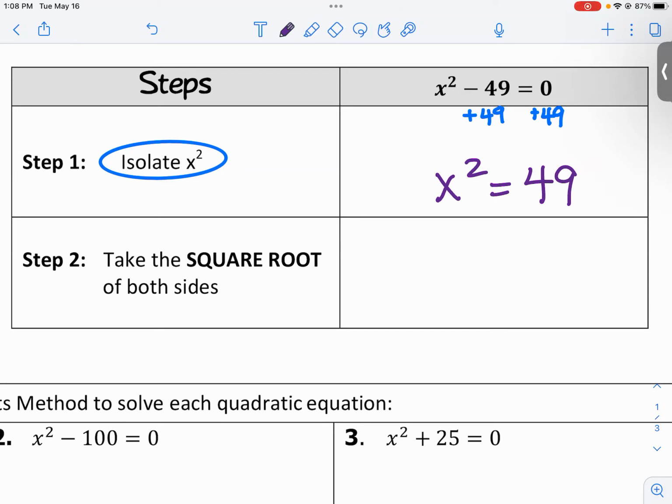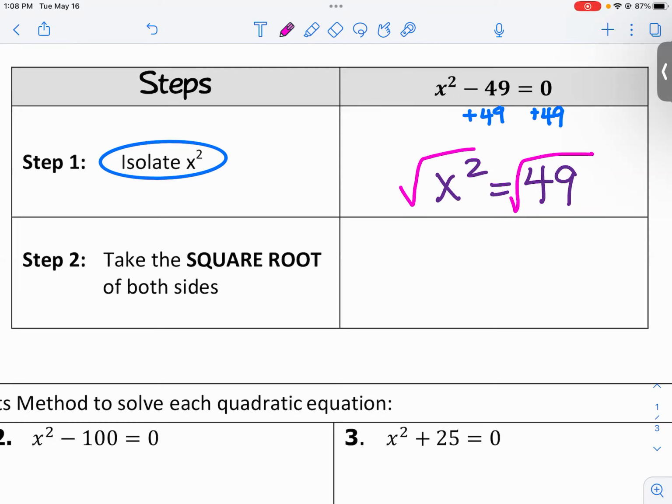If we have a number added to x, we subtract it to undo it. How do we undo a square? The square root. So we are going to take the square root of both sides.